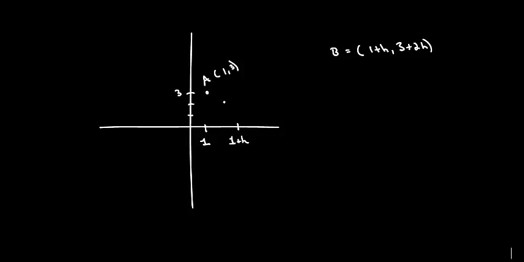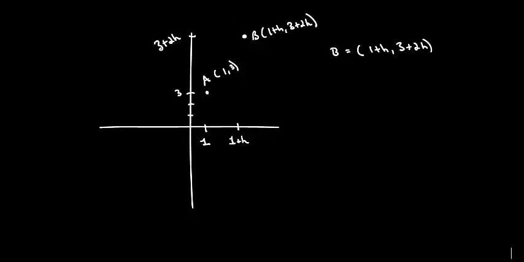We don't know how far 2h is, but if this is h, I'll just eyeball it in here. So 3 plus 2h. So this is the point B at 1 plus h, 3 plus 2h.